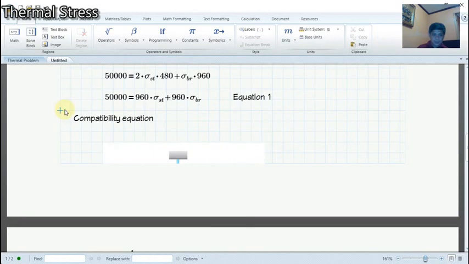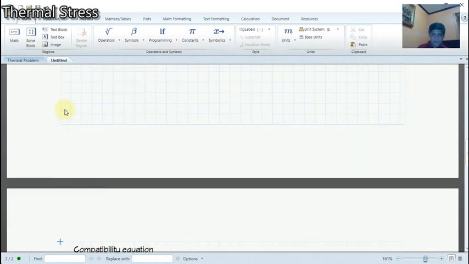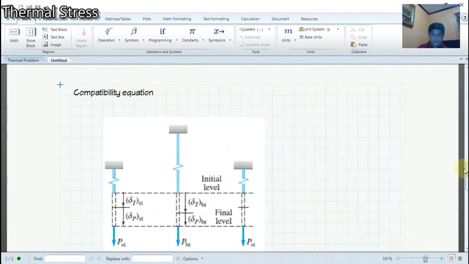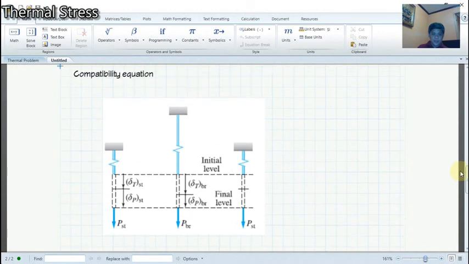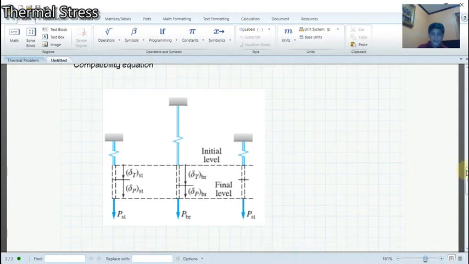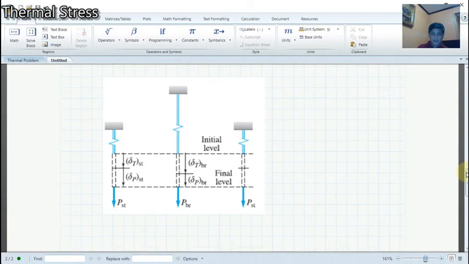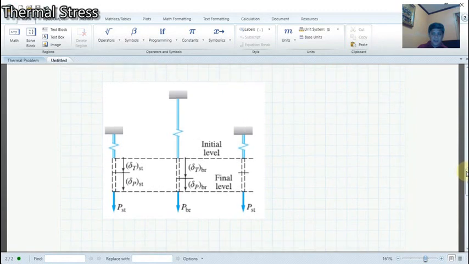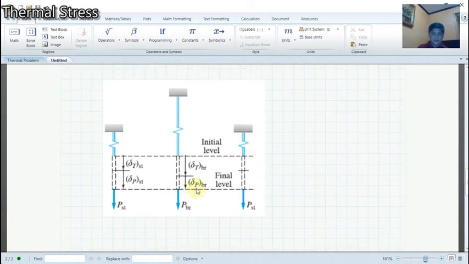Okay, so let's move to the next page. So that would be the most likely behavior of the rods. If you have an increase in temperature, you will have an increase in length of the rods.